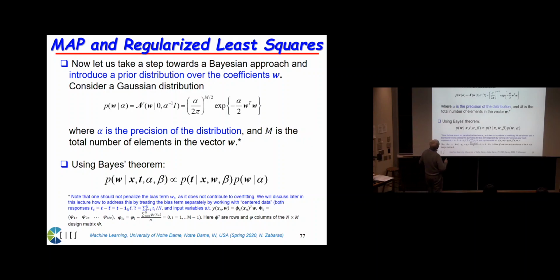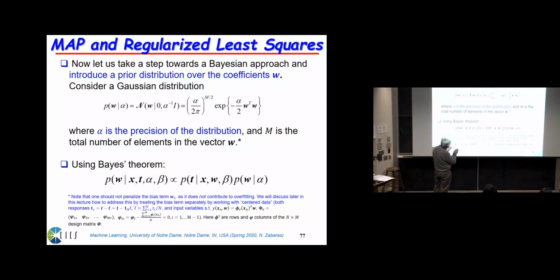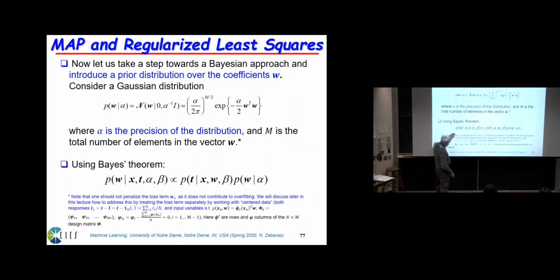So if we have a prior model, and we have a likelihood also, that's my likelihood here. If I multiply them, I get a posterior for W. And again, the notation is not to just look at it, but to understand it, right? This is the posterior, and capital X and capital T are my training data. And what are alpha and beta?